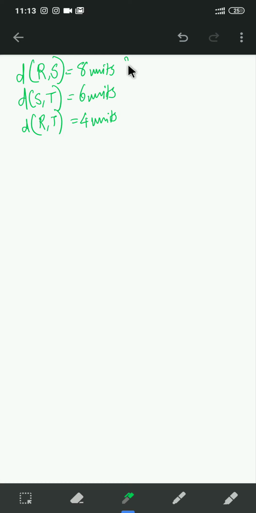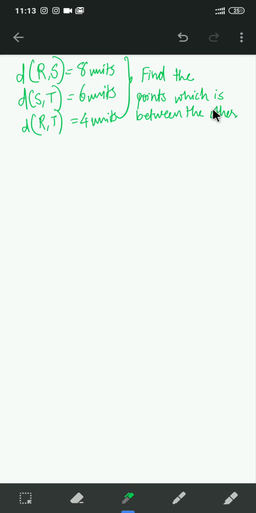Okay. So again, find the point which is between the other two points, if the points are collinear.